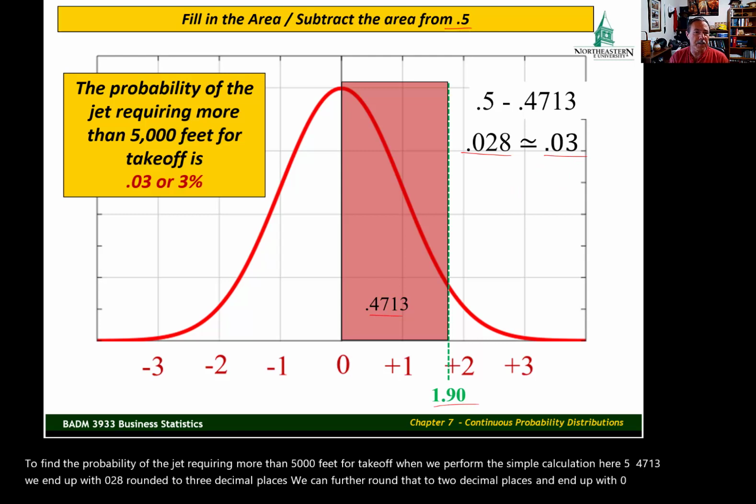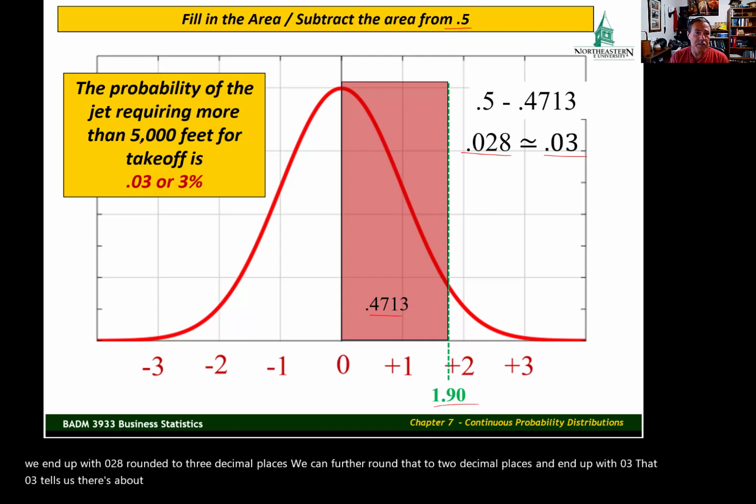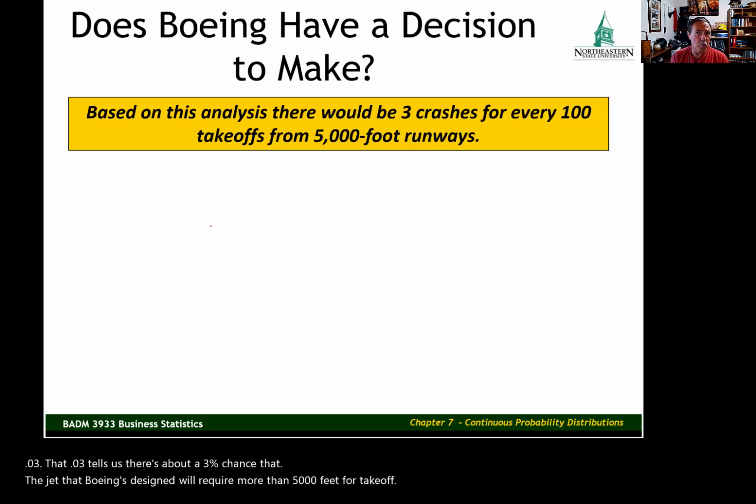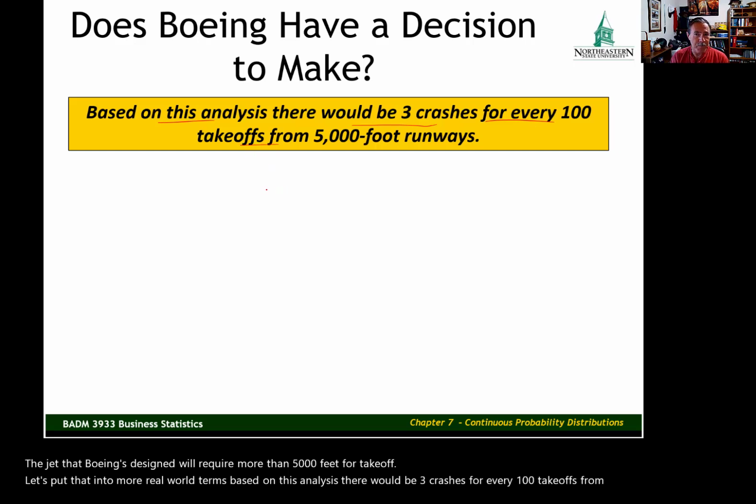That 0.03 tells us there's about a 3% chance that the jet Boeing designed will require more than 5,000 feet for takeoff. Let's put that into more real-world terms. Based on this analysis, there would be 3 crashes for every 100 takeoffs from 5,000-foot runways.